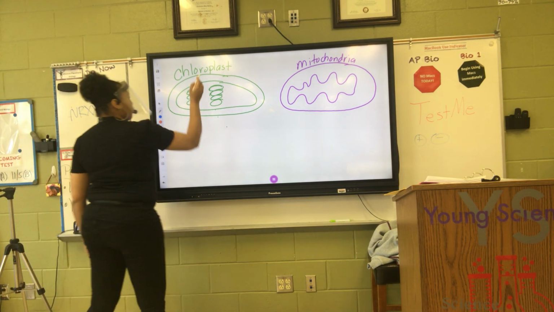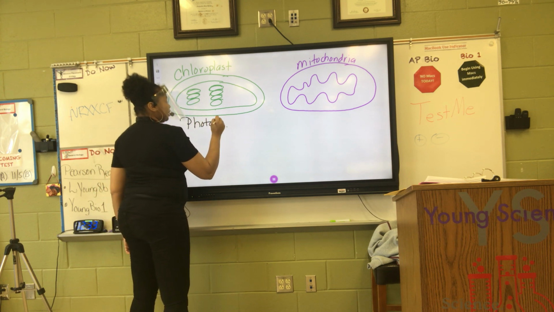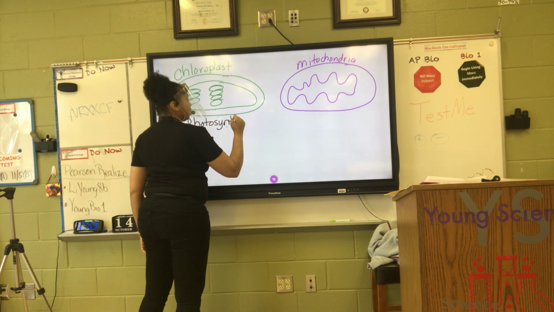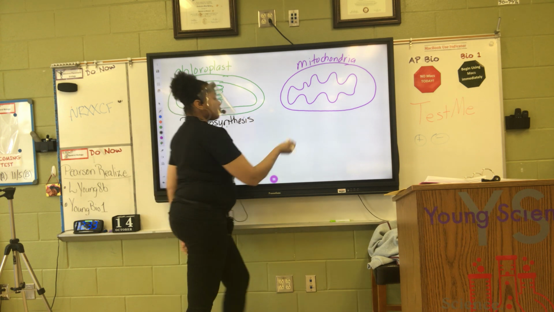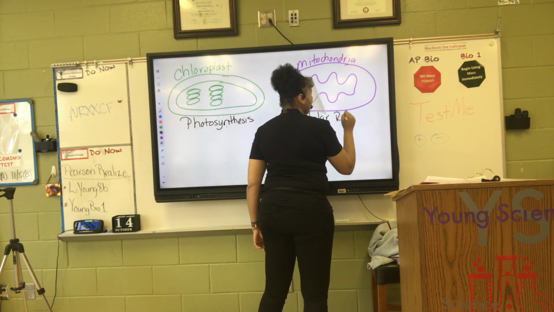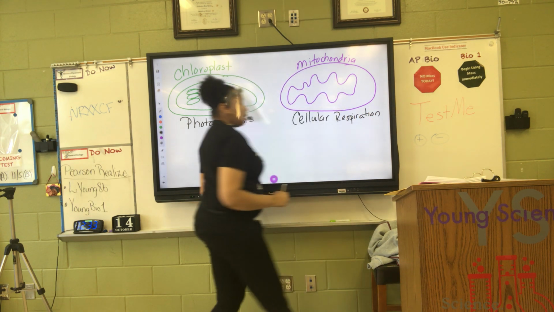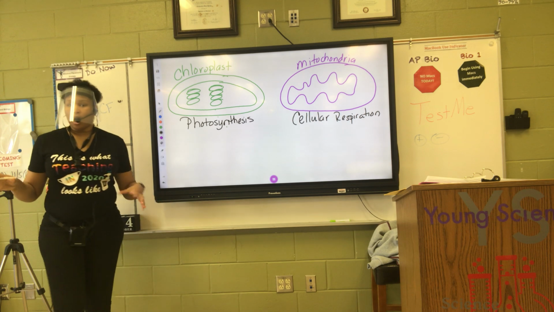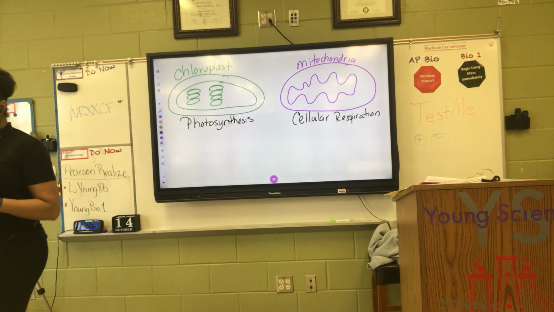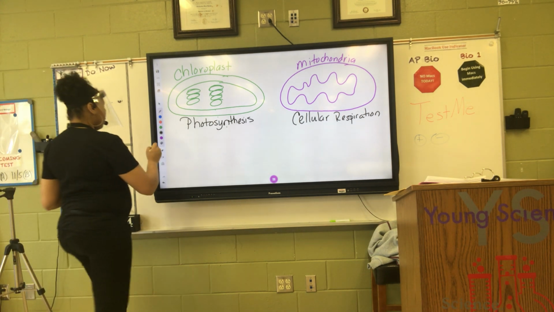All right, so the chloroplast is used in photosynthesis. And mitochondria is used in cellular respiration. Now, these are what we call transforming organelles. They transform energy, okay? Their job is to transform energy.